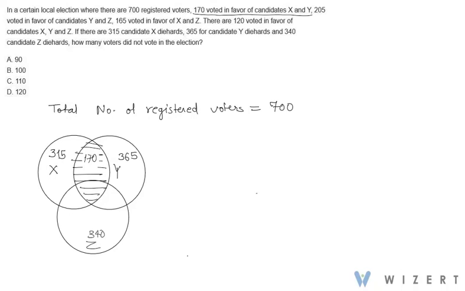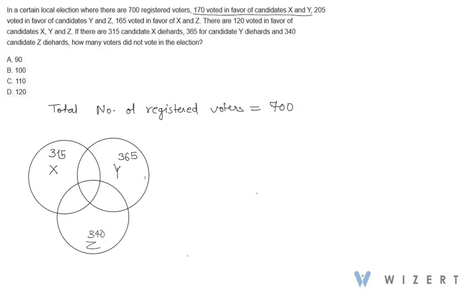Then let me remove these to explain the next part. 205 voted in favor of Y and Z. So this portion is representing 205 people.